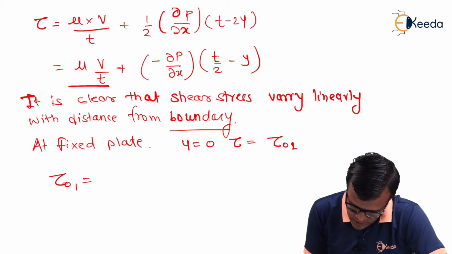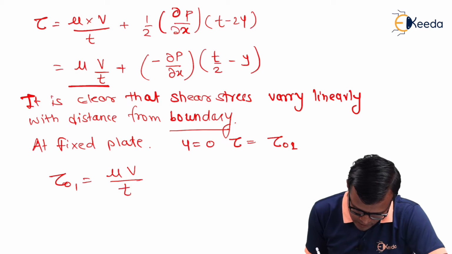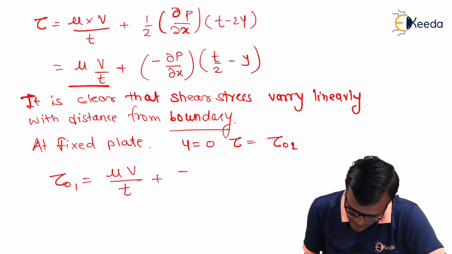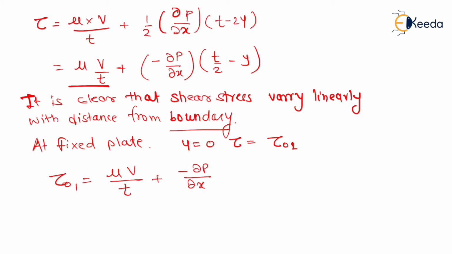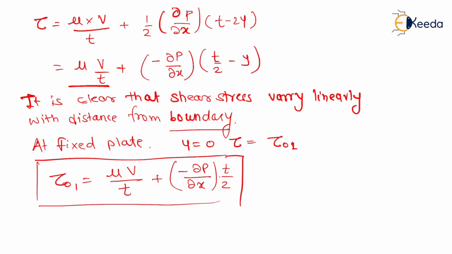This term does not change at all, so mu into v upon t plus this will become 0, so minus delta p by delta x into t upon 2. So this is the shear stress at stationary plate.